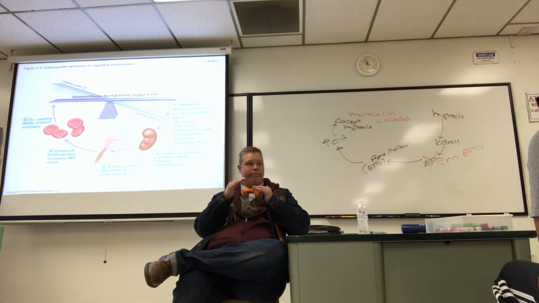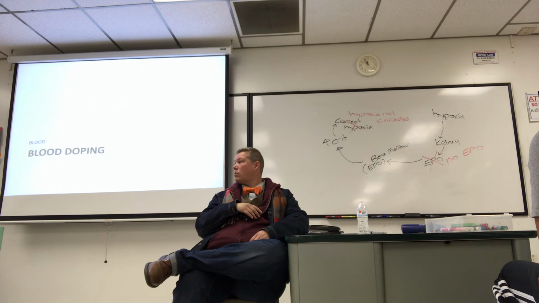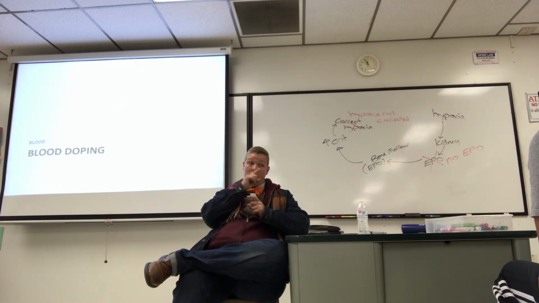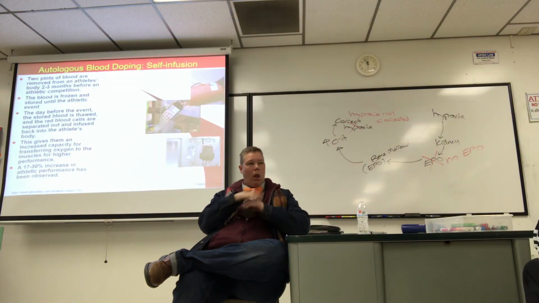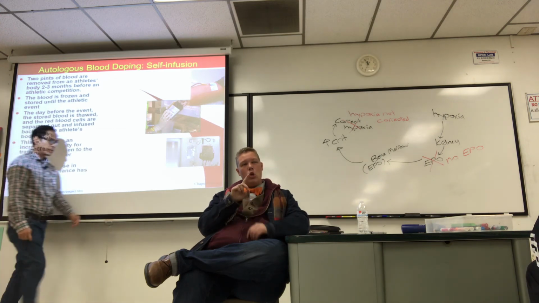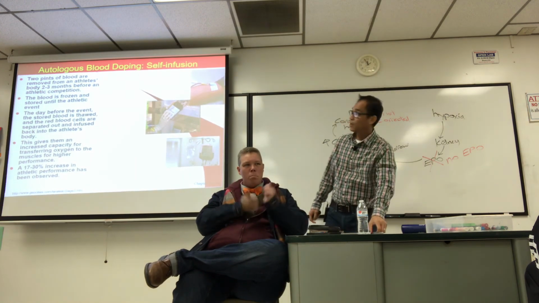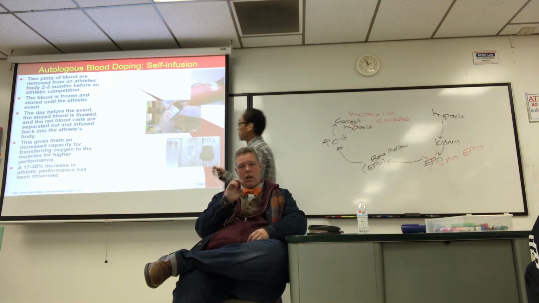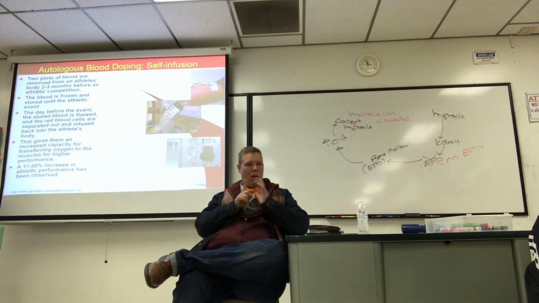Now, as a side topic, there's artificial blood doping that athletes typically do to get a boost, just to show you the importance of the oxygen carrying capacity of the blood. If you need more of it for your athletic event, there's something called autologous blood doping. This is illegal in most sports, most federations, and it's a big problem particularly for cycling.